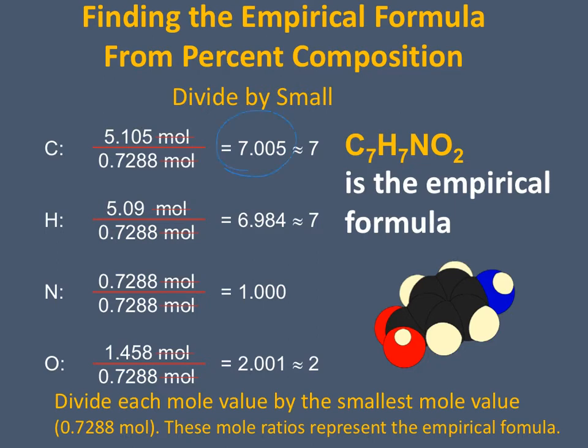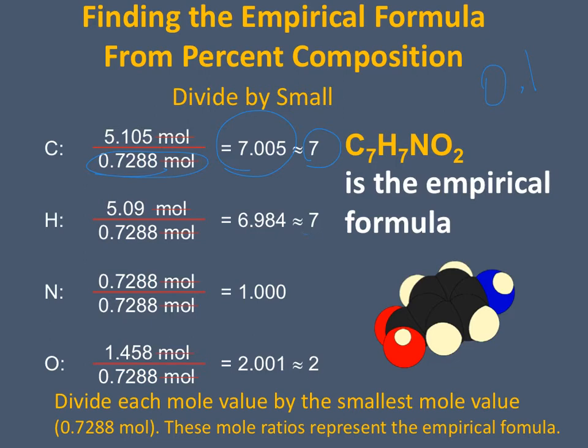Carbon, okay, when we divide by the smallest mole value, we get that there are 7 carbon. And the rule of thumb is if you are within 0.1 of a whole number, it's okay to round. If you're farther away than 0.1, you probably need to do the 4th step, which is multiply until you get whole numbers.